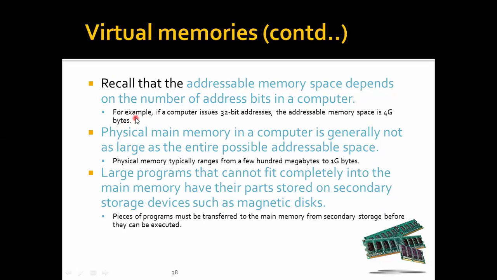For example, if a computer issues 32-bit addresses, the addressable memory space is 4 gigabytes. How do we get this? 32-bit addresses means the total memory locations are 2 power 32. How do we write 2 power 32?